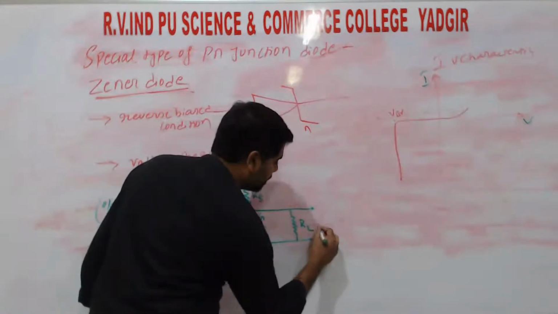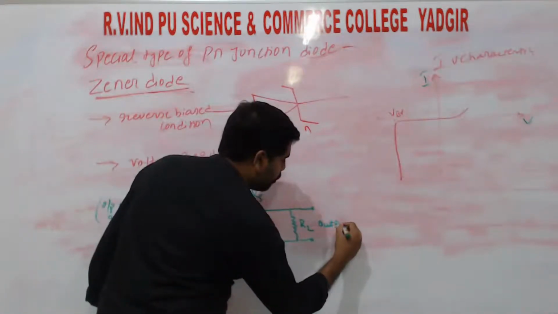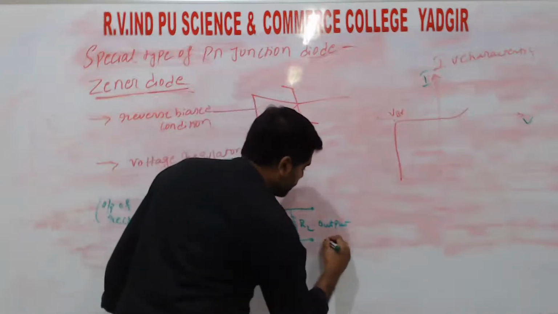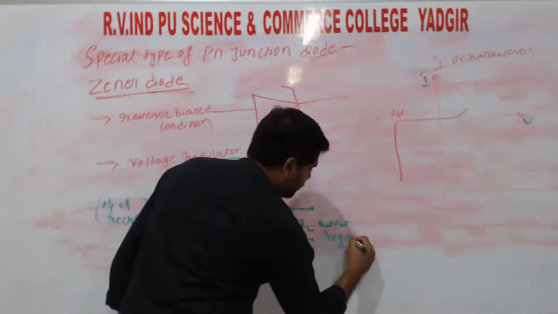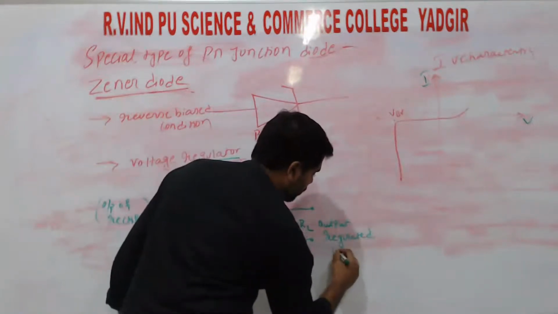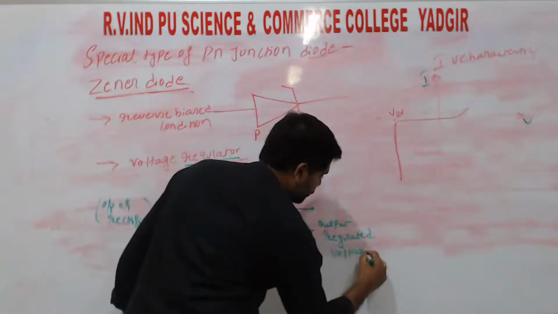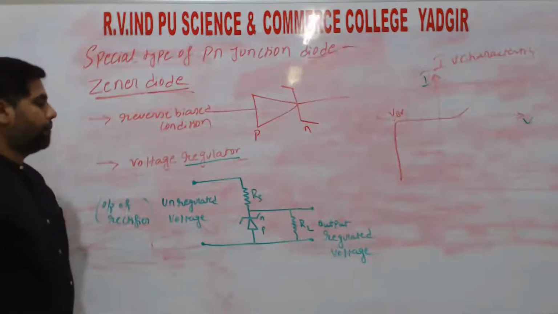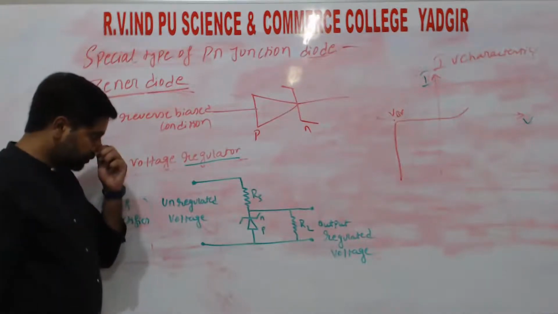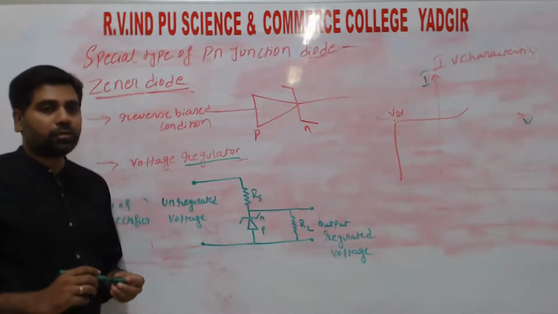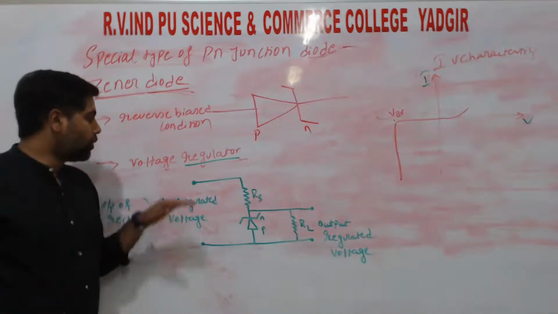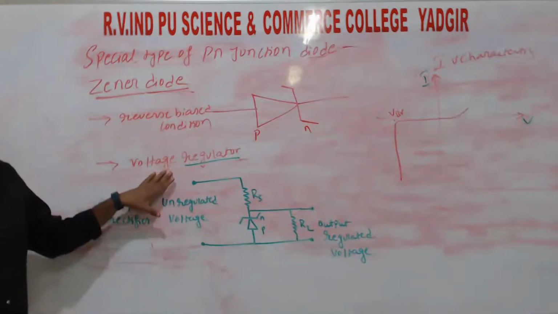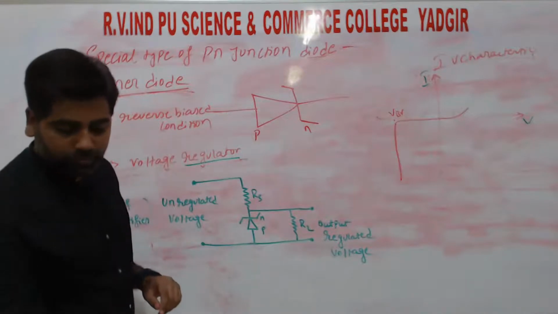So here we get the output, that is the regulated voltage, right? So this is the setup of the voltage regulator, right?